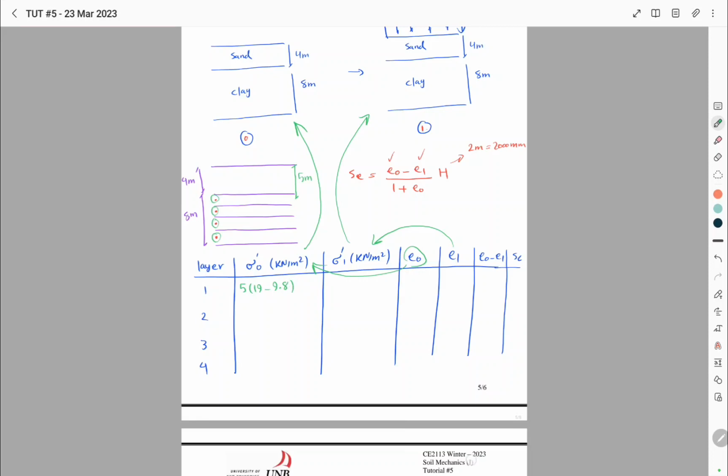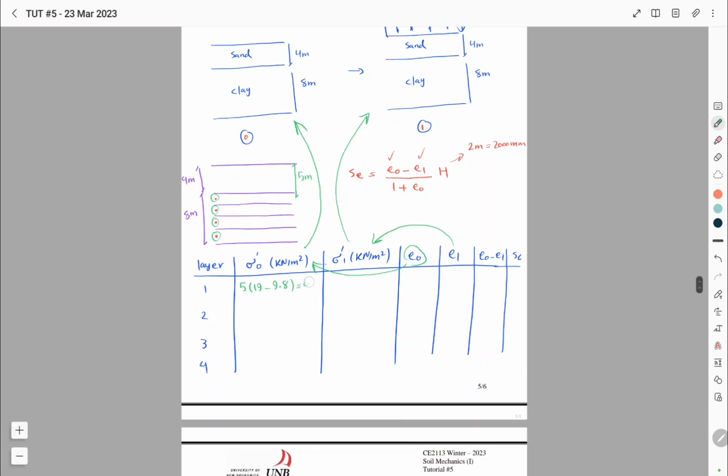So this value is equal to 46. This is before applying the load, and after applying the load, we can add this value plus the load, which is 130.